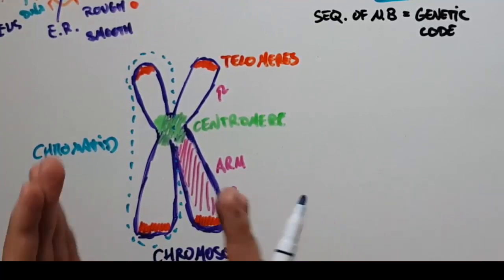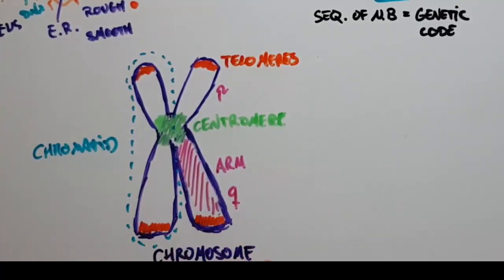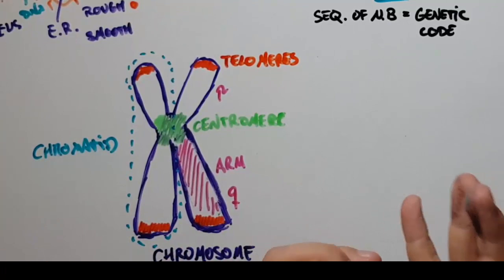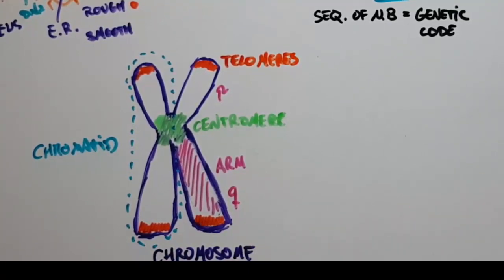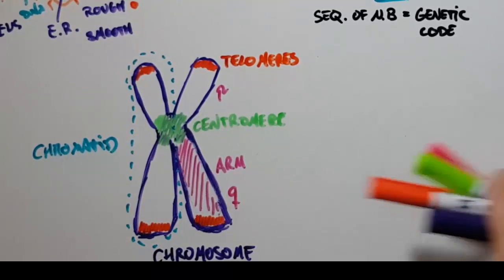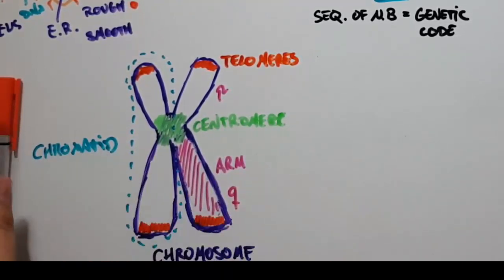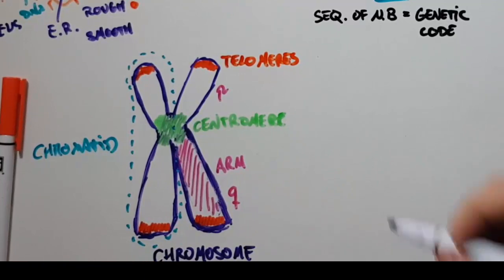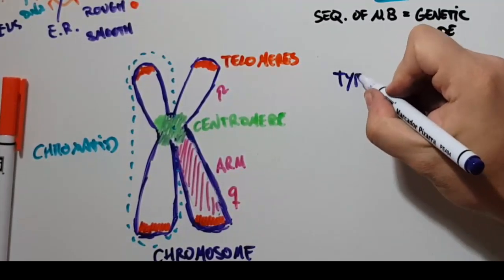This is a chromosome that has twice the normal information, because chromosomes normally have only one chromatid. Okay, so there are several types of chromosomes that we haven't seen, but I need to be super quick to explain. So the types of chromosomes.